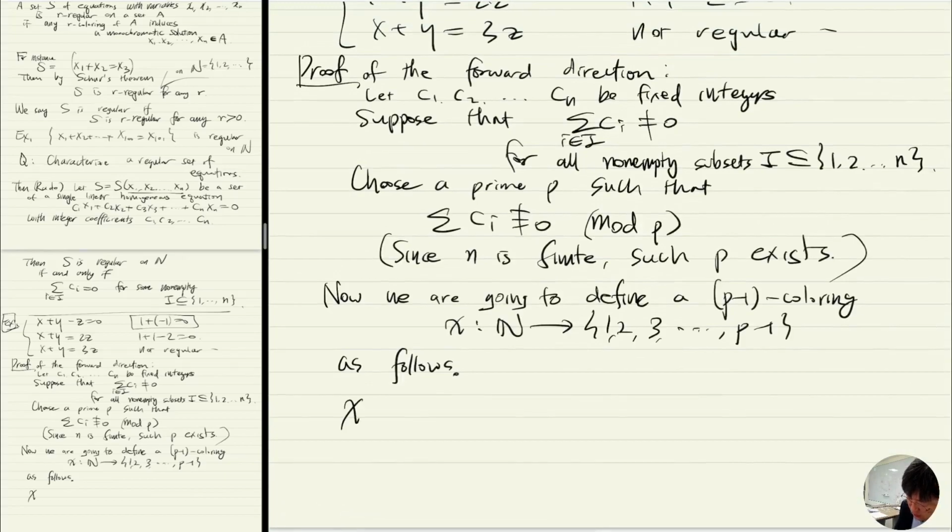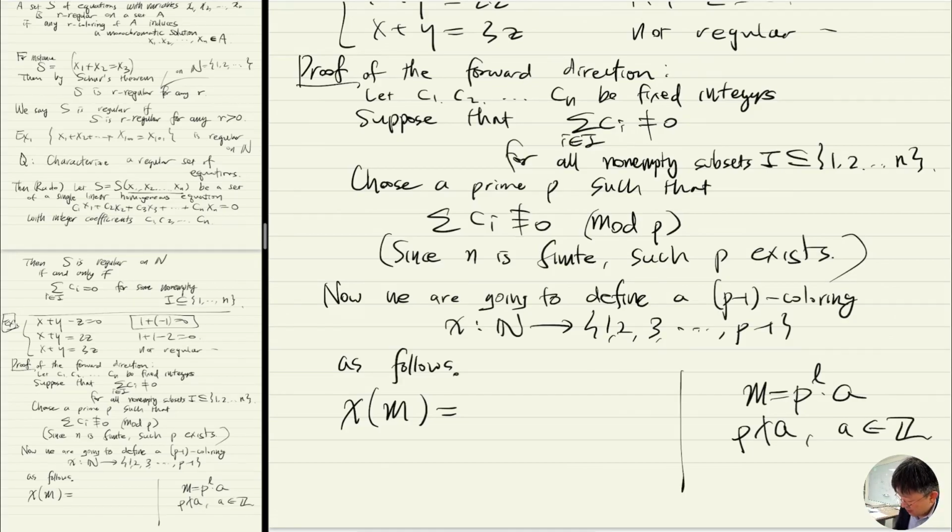So if I have some number m, when I do the factoring, m is going to be something like p to the l times a, where a is not divisible by p, right? So l is chosen to be maximum, so that m is equal to p to the l times a. In this case, we color this by a.